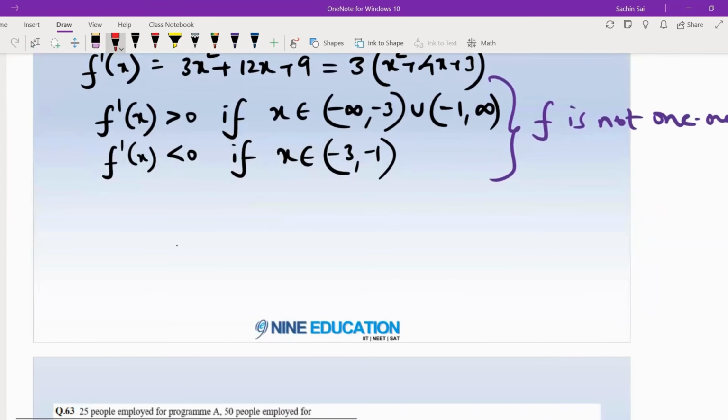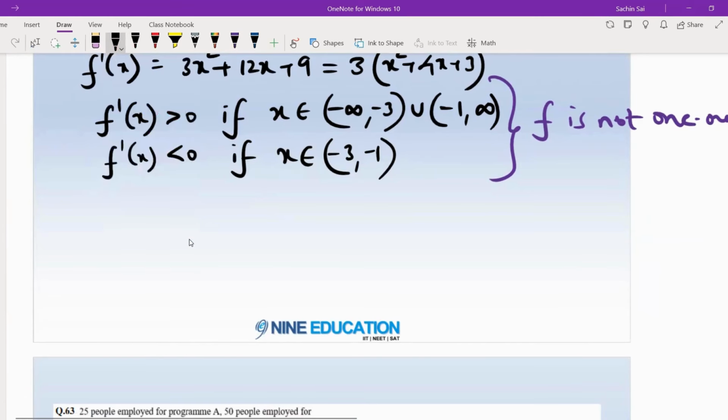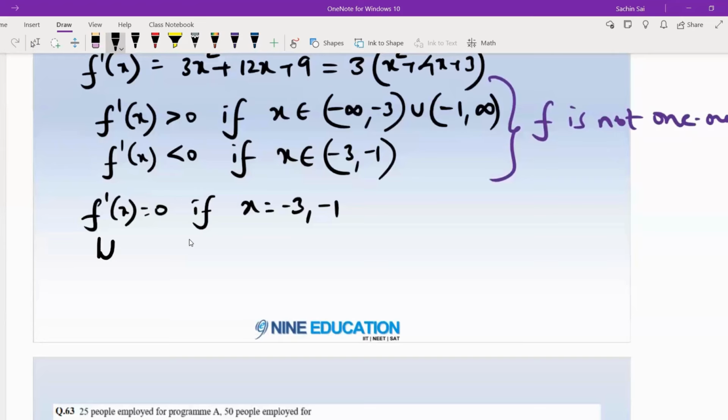The reason is you have f dash x equals 0 if x equals -3 or -1, right? So at these points, the function either has a local minimum or a local maximum. What is the limit of the function as x tends to infinity?